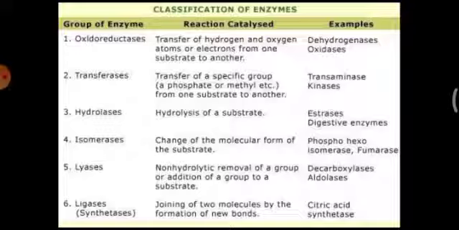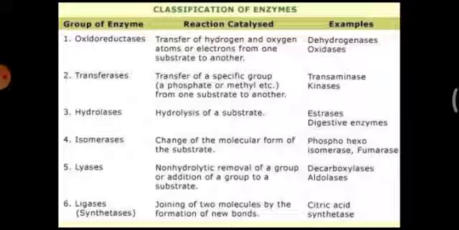Oxidoreductases involve transfer of hydrogen and oxygen atoms, and examples in the last column are dehydrogenases and oxidases. Transferases are involved in the transfer of a specific group, example transaminases and kinases. Hydrolases help in hydrolysis with the help of water, example esterases or digestive enzymes. Isomerases help in the change of a molecule from one form to another, example phosphohexoisomerase, and so on.